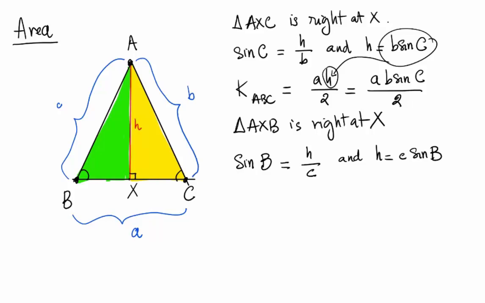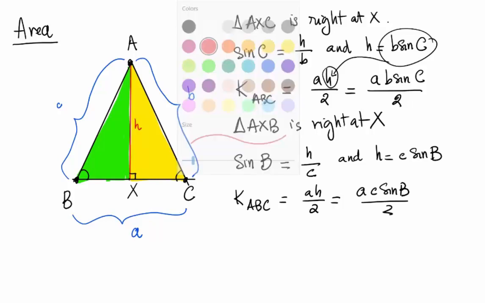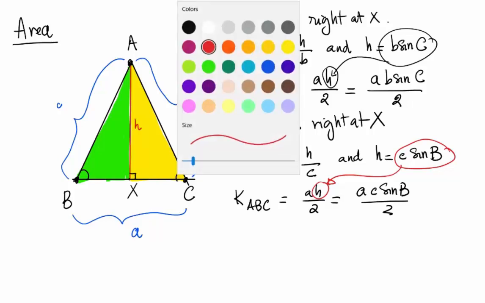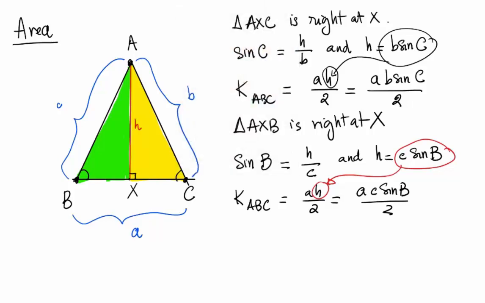In any case, the area of the triangle ABC, which is again a h over 2, now will be a c sine of B over 2. And again, this is simply due to substitution, by making the substitution highlighted on the screen.